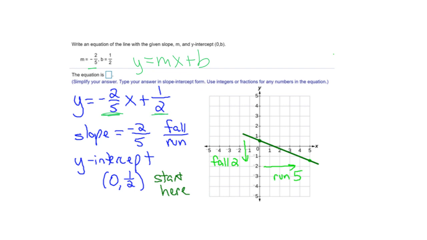So for me, I'm going to start with the y-intercept of 0, 1/2. That's starting right here in the graph. And then I have a slope of negative 2 over 5. So I'm going to come down 2 tick marks and over 5 tick marks. That's going to give me that next point. And then the computer's going to draw that for me.